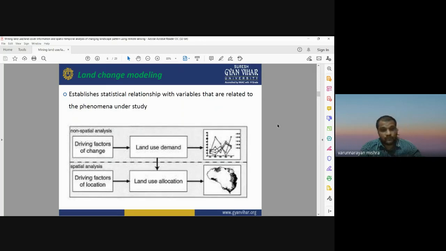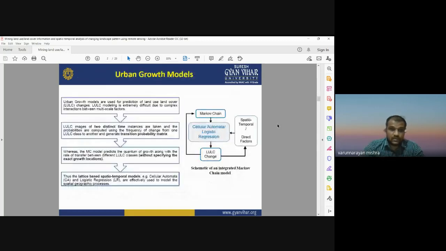So we need to perform both spatial and non-spatial analysis for identifying and quantifying the driving factors or driving forces. Whatever the changes are there can be used for getting the land use demand, and where the changes are going will be considered as land use allocation.